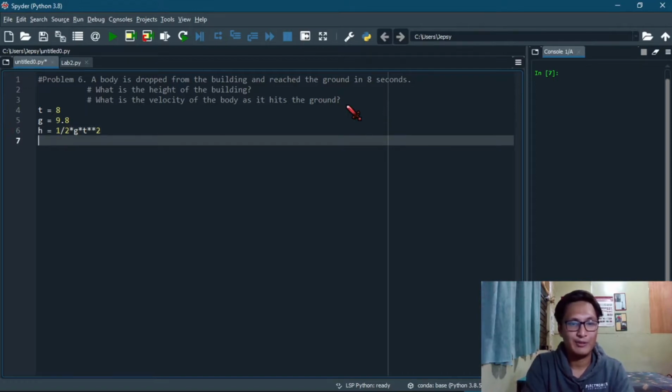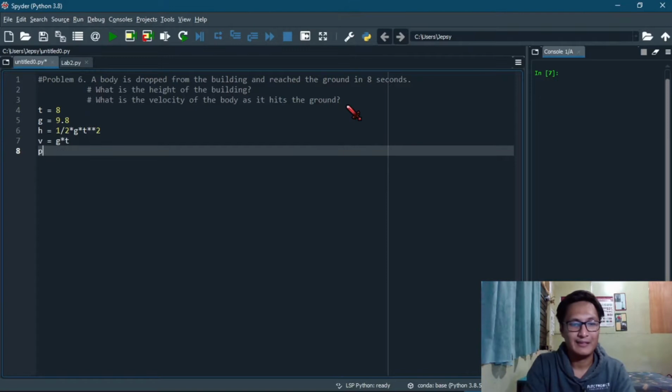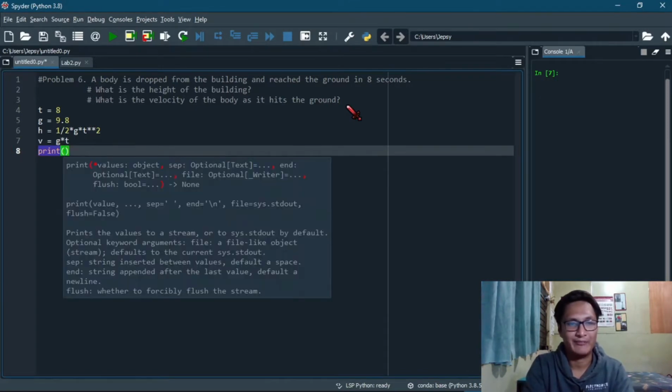Then we put the velocity, which is just gravity times time. Then after we have our formulas and our given values, we just print it out.